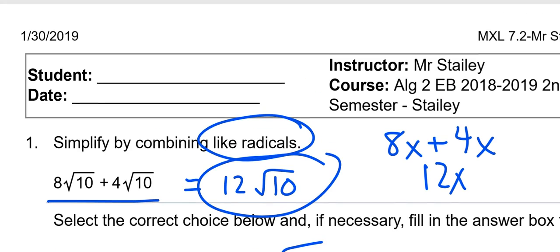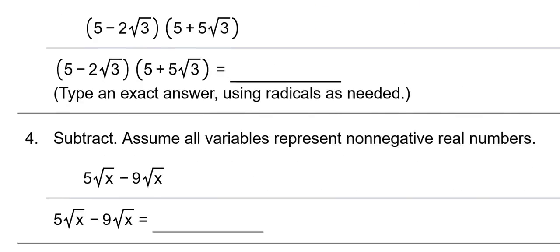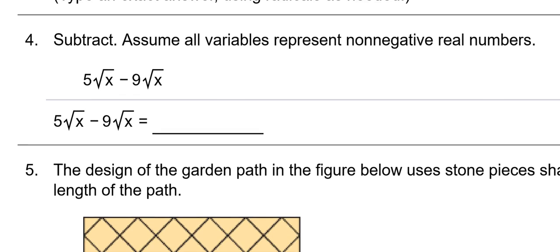I want to jump down to question 4. It should be easy. Don't pack up on me. 5 radical x minus 9 radical x. This should be a piece of cake.